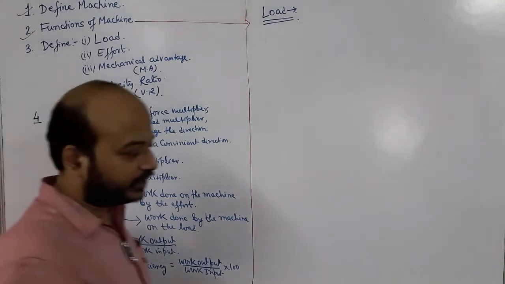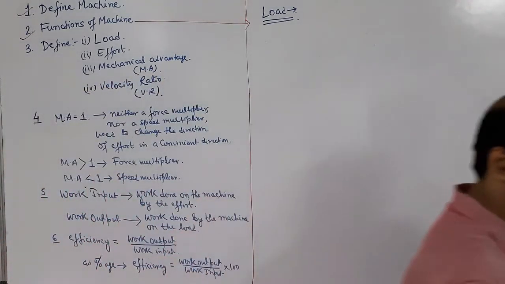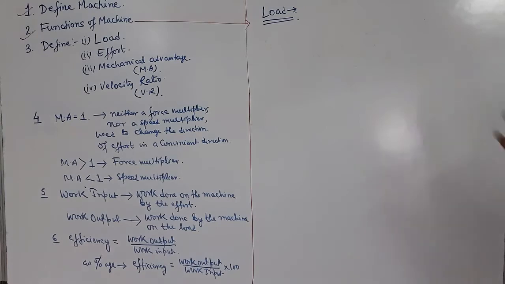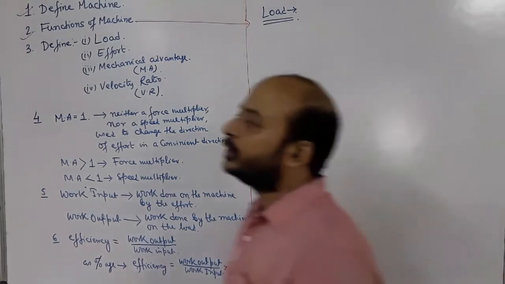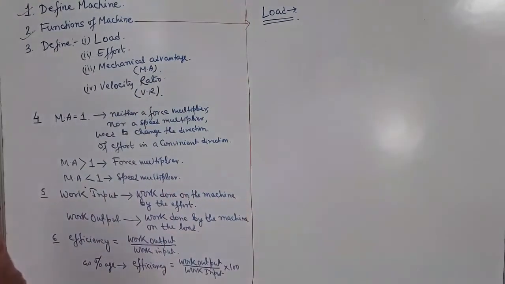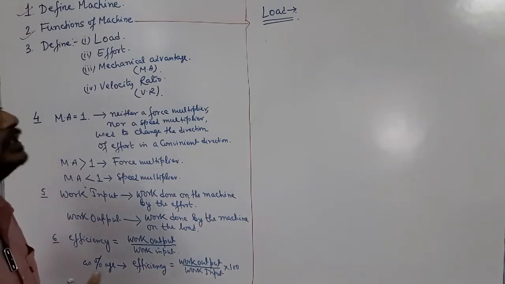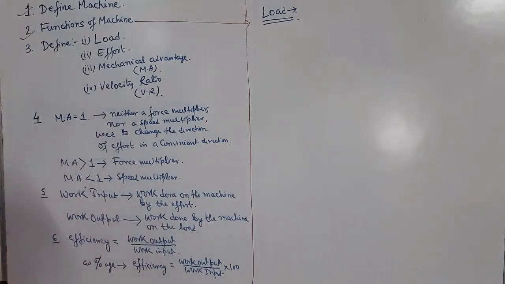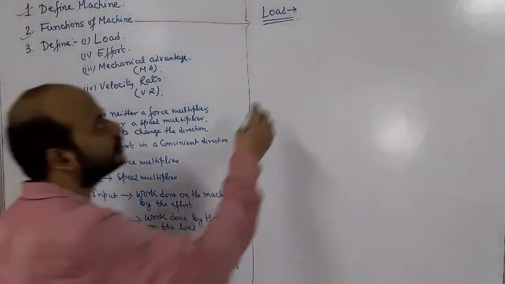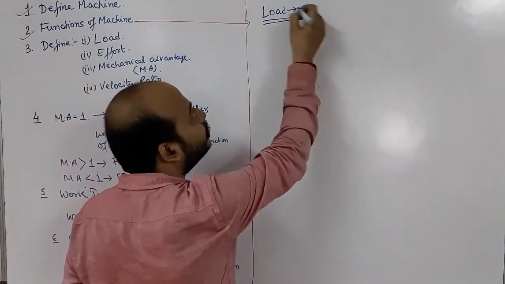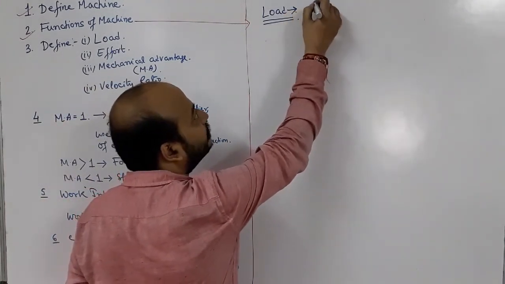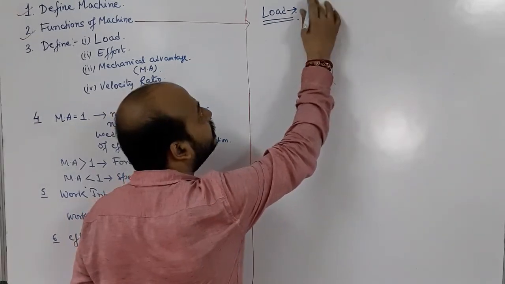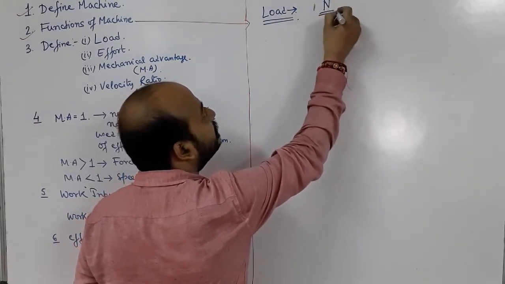While we are lifting a bucket of water, the bucket is the load. So that is called load. It is the resistive force that we overcome by using a machine. Since load is a force, the resistive force that we overcome, its SI unit is Newton.